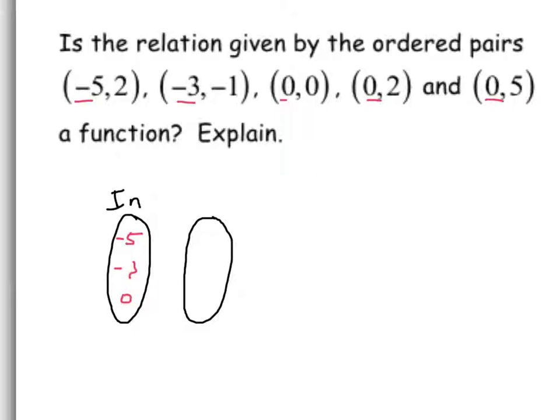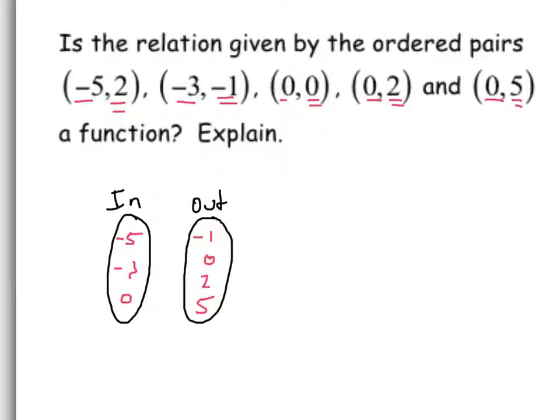Now the output is going to be our y values. And our y values are there. So we have -1, 0, 2, and 5.